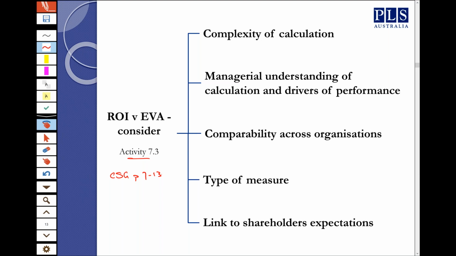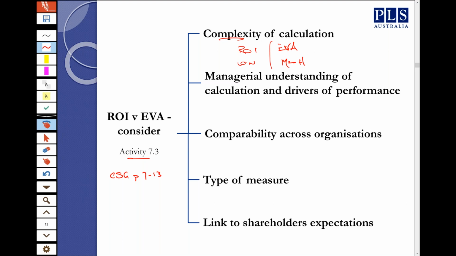They've got a table presented where they talk about complexity of calculation through to comparability across organisations, the ability to link it to shareholder expectations. They do make the point with respect to complexity. Return on investment is seen to have a low level of complexity. You'll find that your EVA is seen to have a medium to high level of complexity.